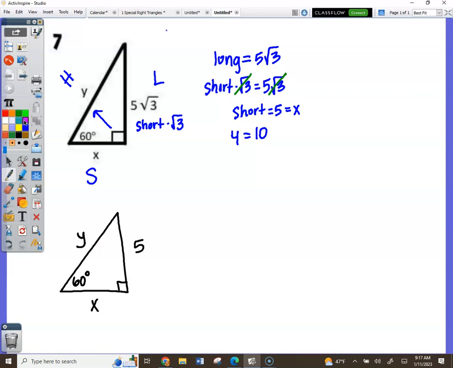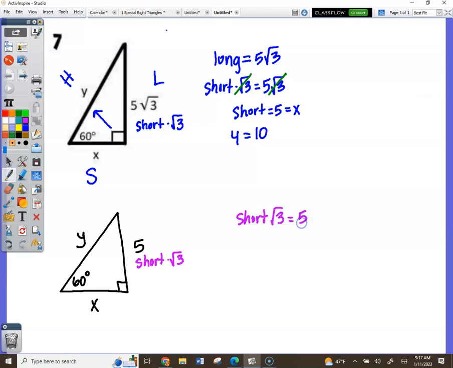All right, so we're going to set it up just like before. This is the long side here. The long side comes from the formula short times root 3, right? What do I know? I know the long is 5. Okay, what's the formula for the long? It's short times root 3.